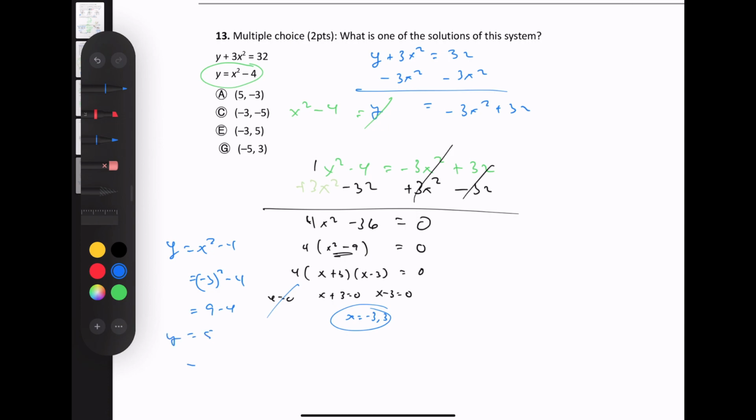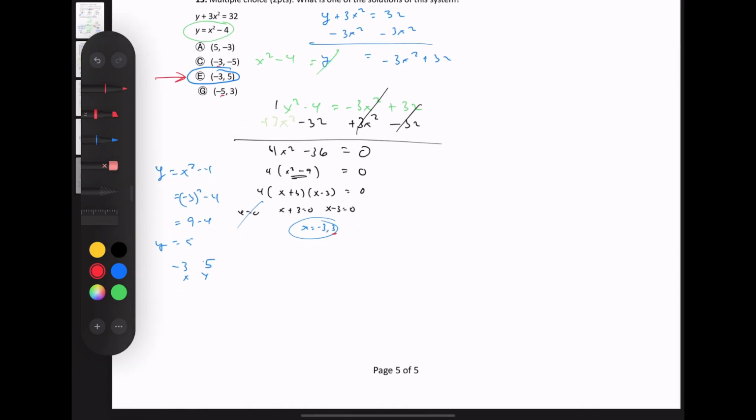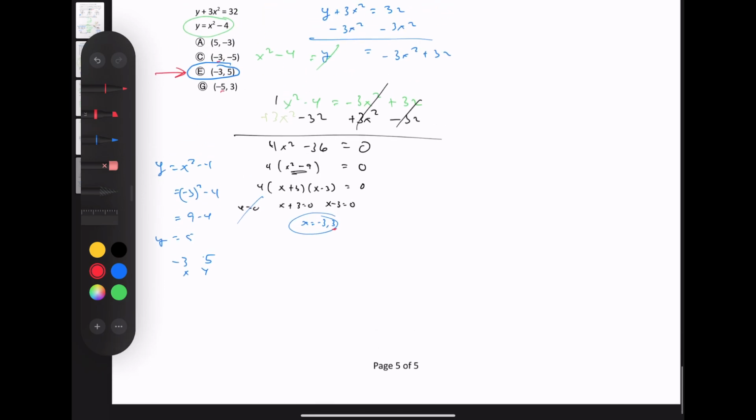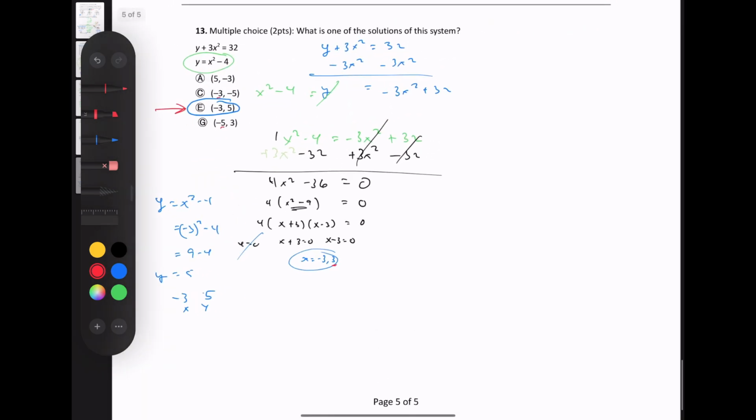So if x is -3, then y is equal to 5, which I have here. You'll notice that none of these has a second one of +3, so E is your correct answer. And those were the solutions.